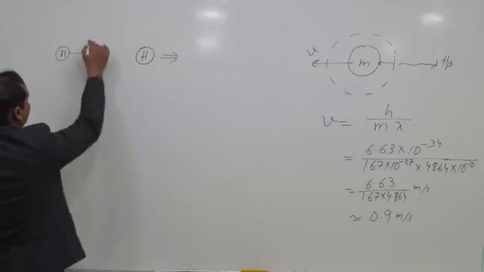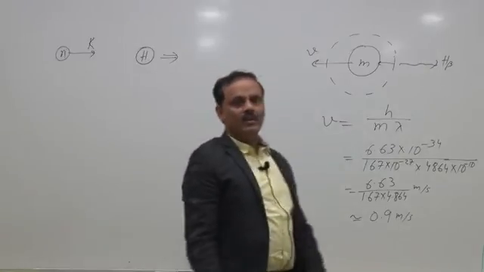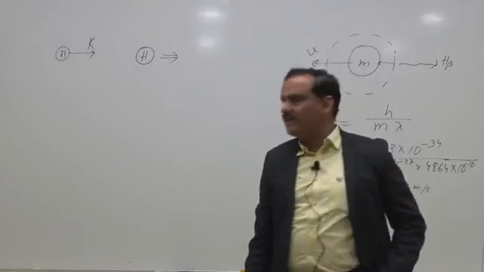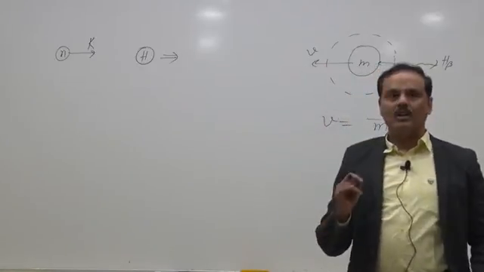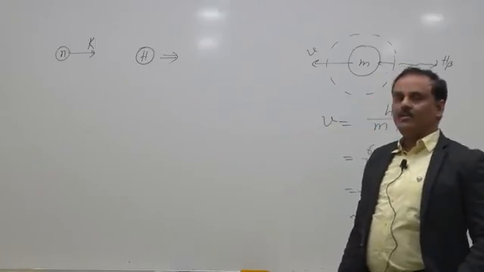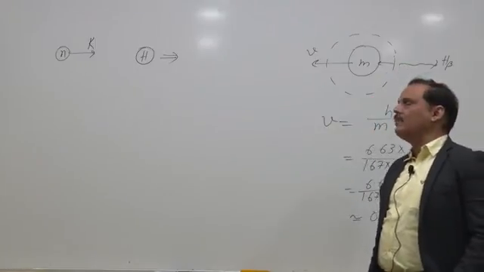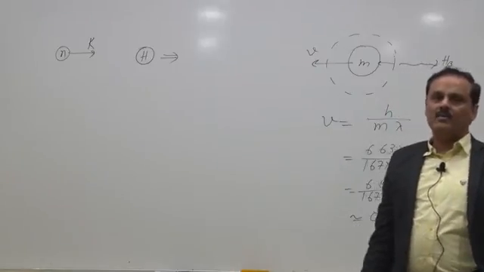Find the minimum kinetic energy of the bombarded neutron for the hydrogen atom to get excited. So a neutron is bombarded on a hydrogen atom in the ground state. Find the minimum kinetic energy of the bombarded neutron for the atom to get excited.